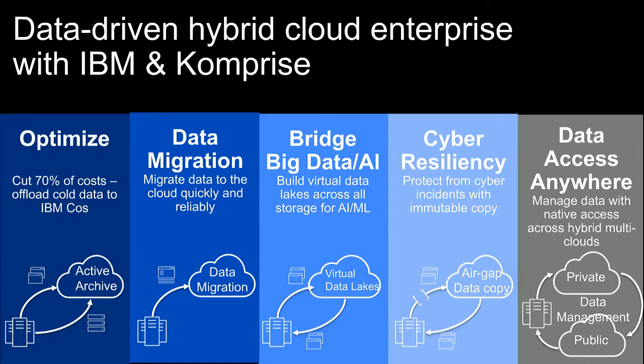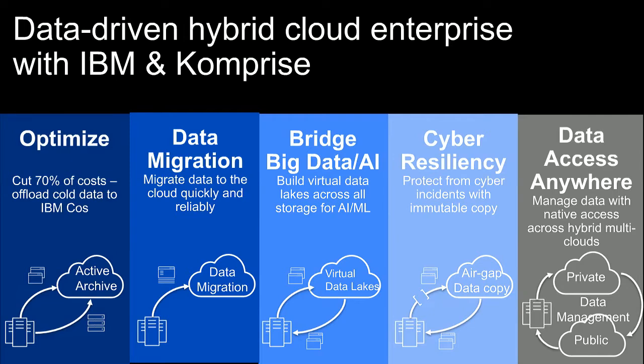And we'll show you how you can use the IBM Cloud not only to archive data into it or migrate data into it, but also as a way to protect your data and create a cyber resiliency copy. IBM Cloud Object Storage has the ability to create a WORM copy, meaning that the copy doesn't get changed once it's written.